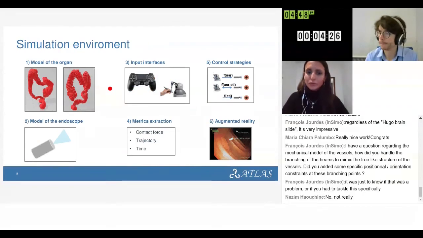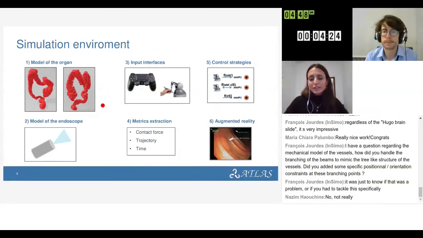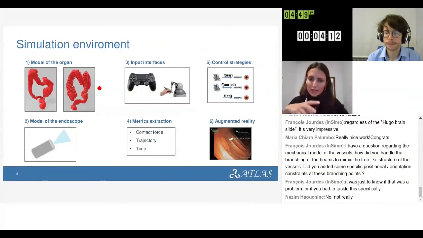The idea is to have these big modules that I need. First, recreating the model of the organ, different colons for different tests.